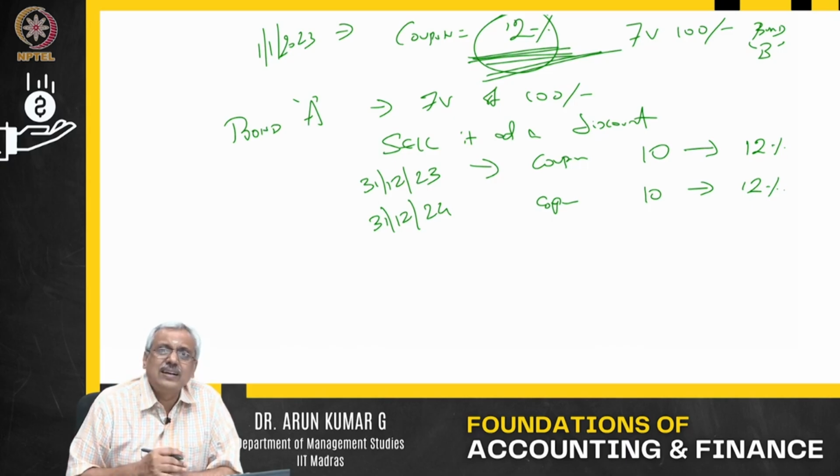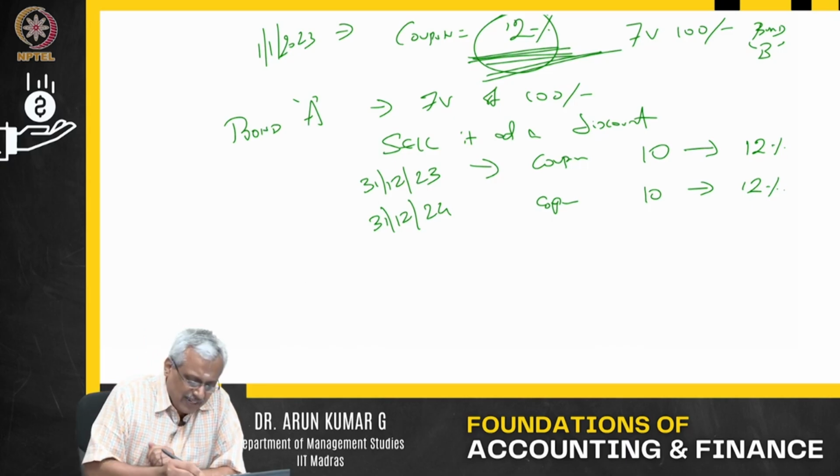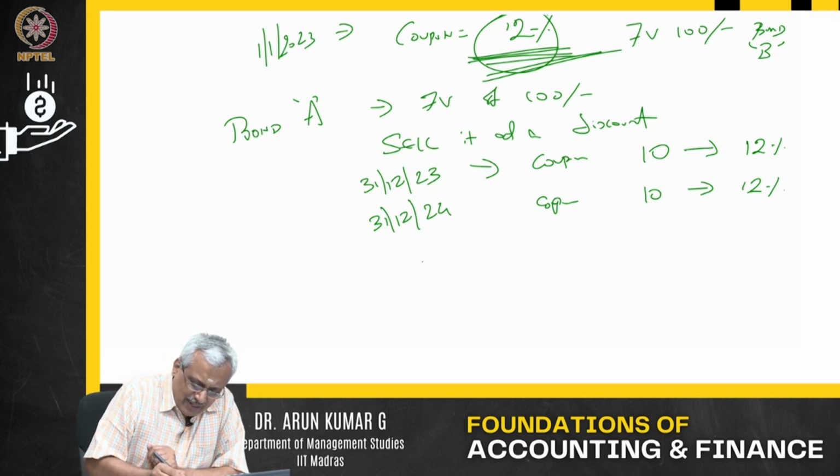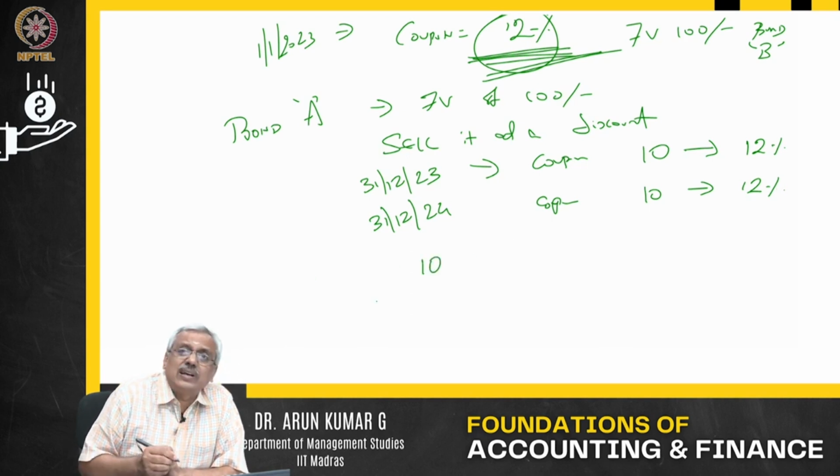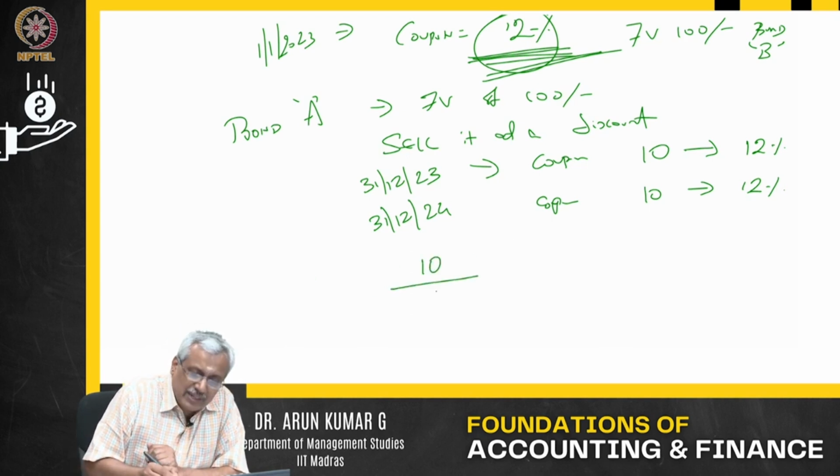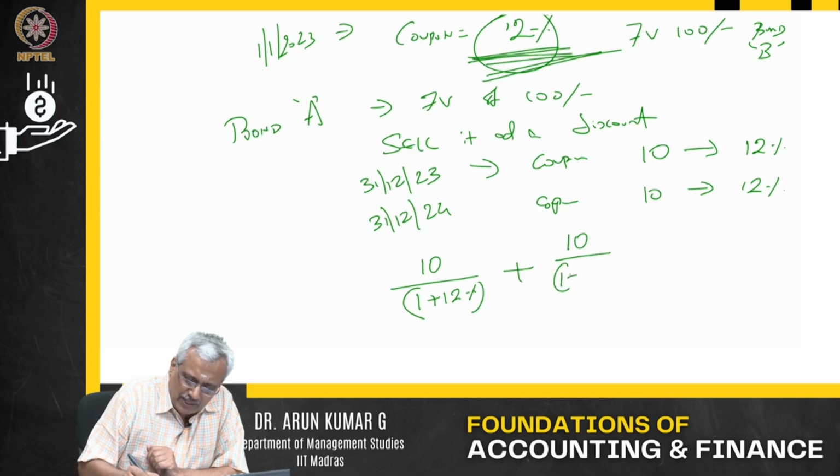So how do you decide? I will look at it this way: the $10 I am going to get 1 year down the line, I will discount for 1 year at 12%.